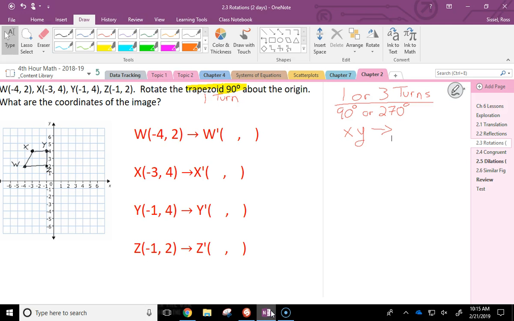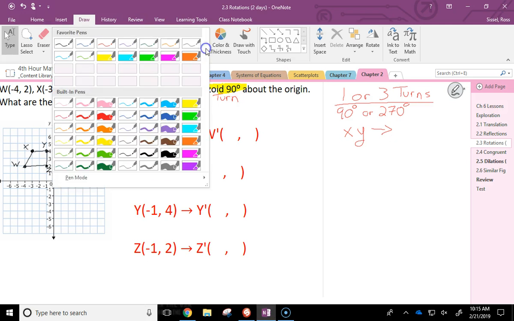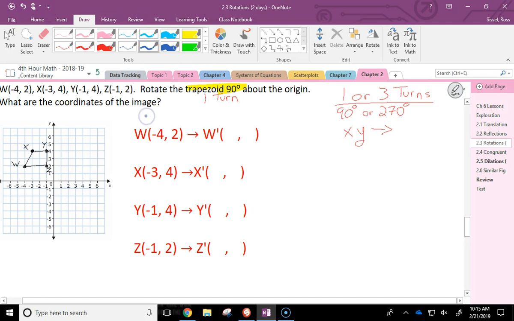Try it again. Where's W at? Remember, X is left and right. 2, 4. Yeah, you just said them backwards, buddy. So, let me use a bigger one. My coordinate is 2, 4. What is X? Nope. Look at your transparency paper again.